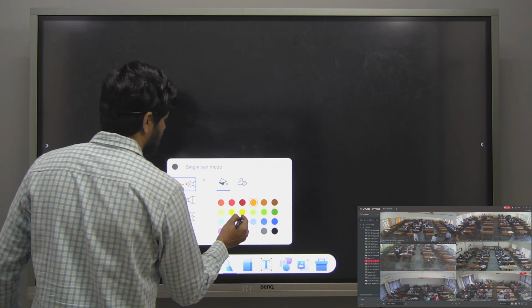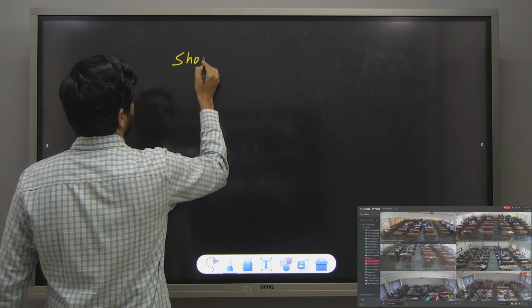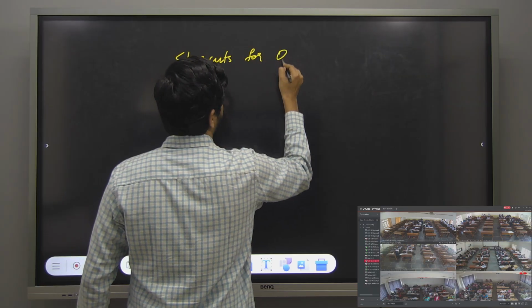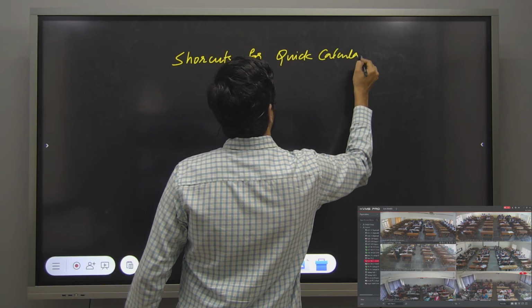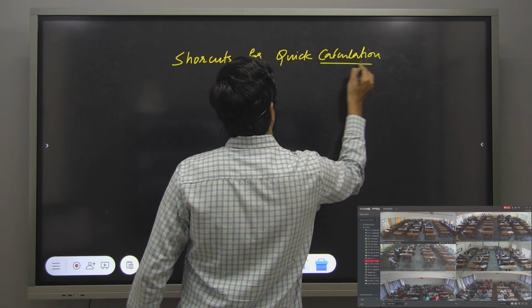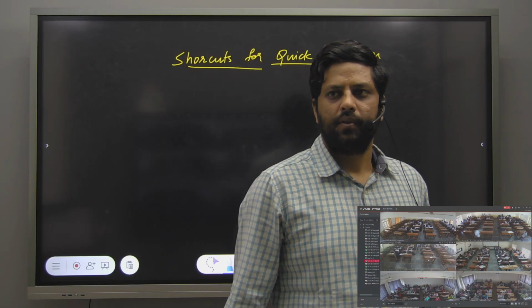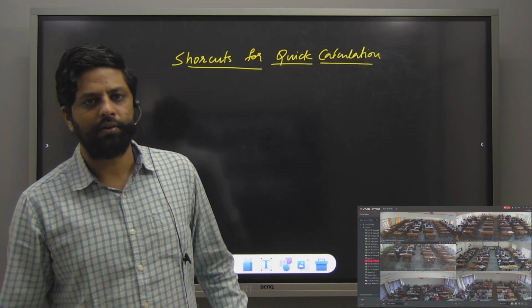What I'll be discussing now is some shortcuts for quick calculation, because obviously we know that in CET calculator is not allowed.